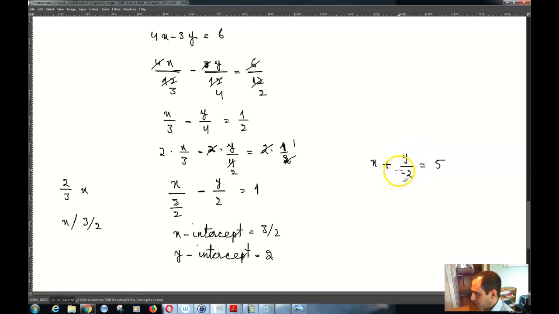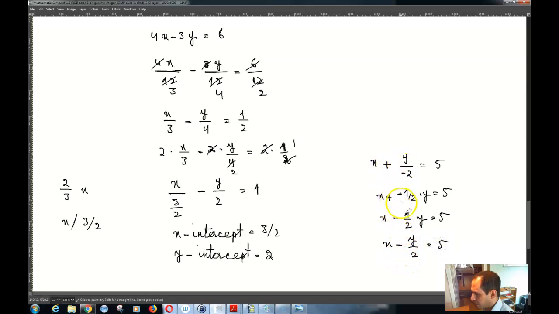then I can write this as -1/2. I can write this as x plus -1/2 times y is equal to 5, which is the same thing as x minus 1/2 times y is equal to 5, and then again I can take this as x minus y divided by 2 is equal to 5.